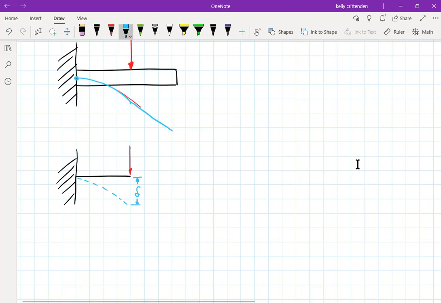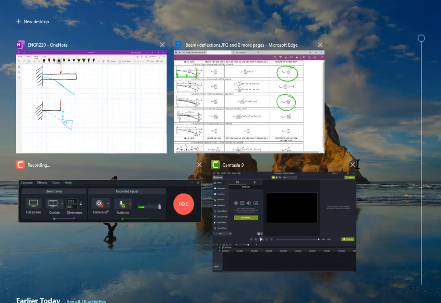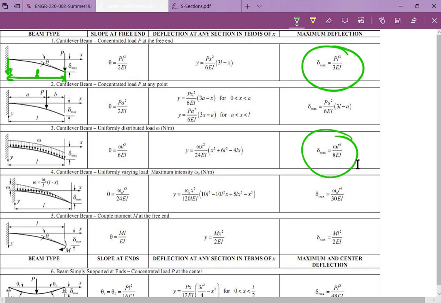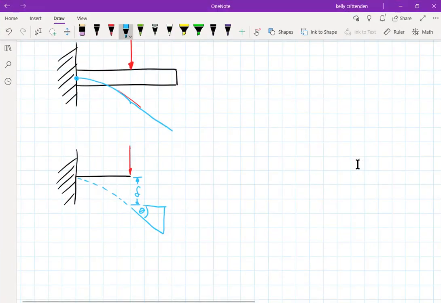Then what you do is, for the rest of it, you treat this like a little triangle, and you calculate the slope at the end of the little beam, which is just case 1, and you have the slope at the end of the beam, PL squared over 2EI. And it comes out in radians, so that number is PL squared over, was it 2EI?